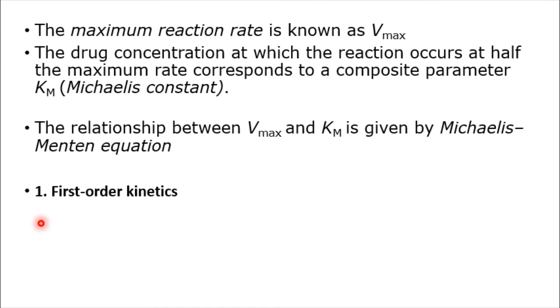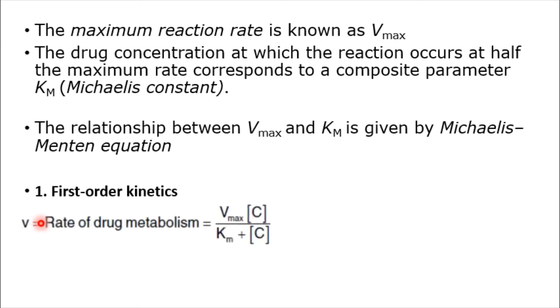In the cases where increasing the concentration of a drug will definitely increase the rate of drug metabolism, the equation can be written this way, where Vmax is multiplied by plasma concentration over the Michaelis constant plus plasma concentration, which equals the rate of drug metabolism.